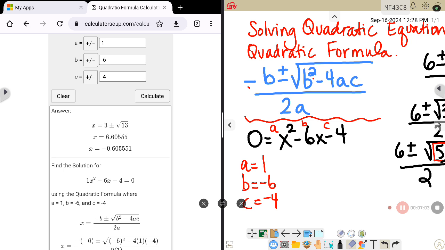These decimals are going to be approximate answers. Some questions are going to ask for just the exact answer, which is the one with the square root. And then the other one may ask you for the decimal, and it's going to ask you to round the approximate solutions to 4 decimal places.